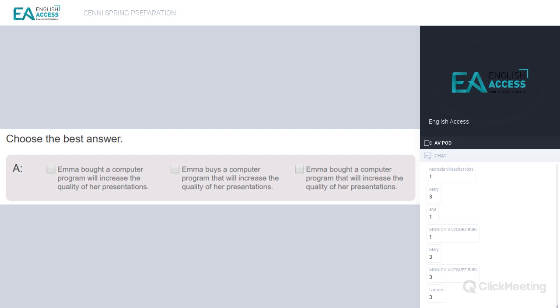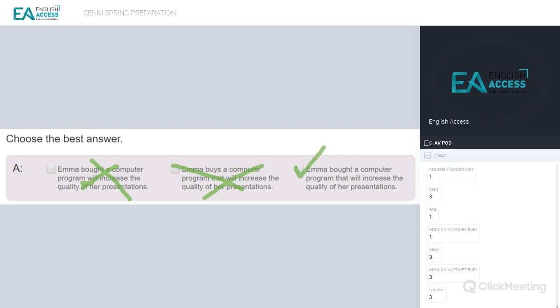Okay, ladies. Emma bought a computer program that will increase the quality of her presentation. Emma buys? No, because this might be routine. It's not correct. Emma bought a computer program. The will is missing. So the correct answer, ladies, is number 3. Good job.